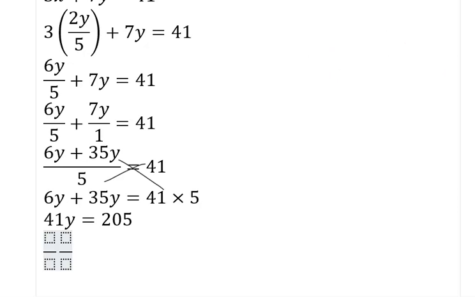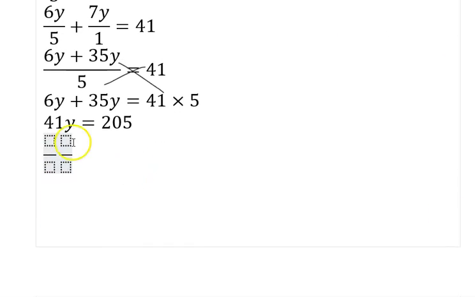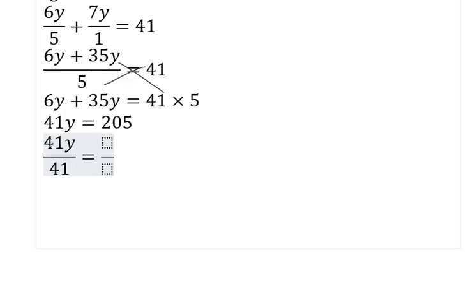Awesome. So here we have 41y. We are dividing both sides by what? 41, so that our y can stand alone. We have on this side 205, and we are dividing by what? 41. Awesome.